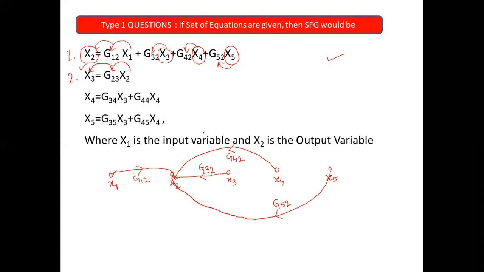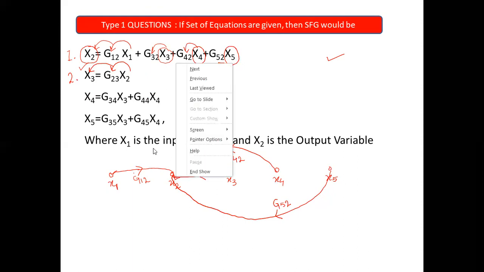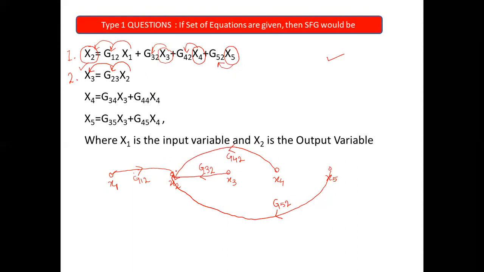So let's make a signal from x2 going to x3, and the gain would be g23. So this is the signal flow graph of equation number 2.